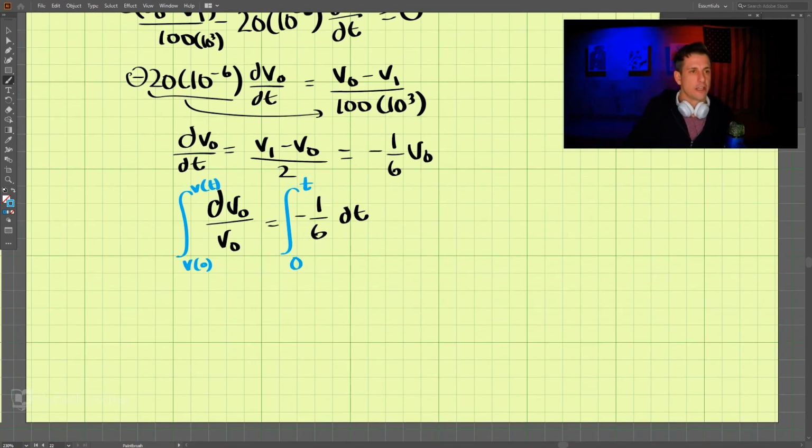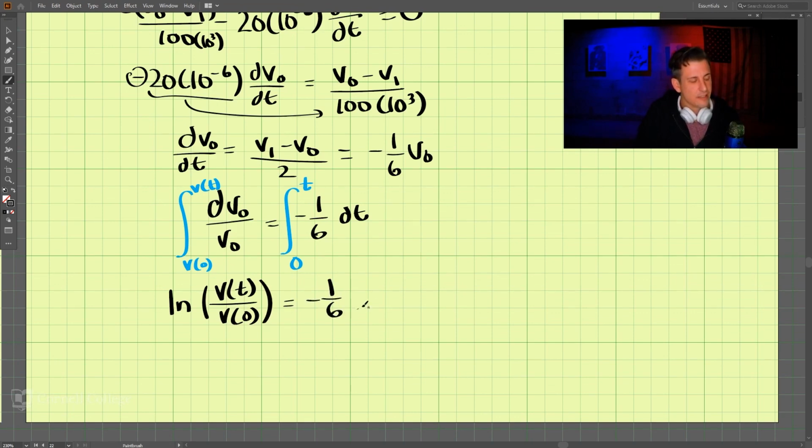If we expand that, this is natural log of V of t over V of 0 is equal to negative 1/6 times t.